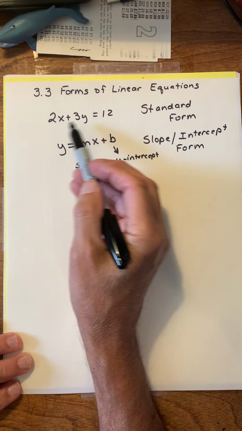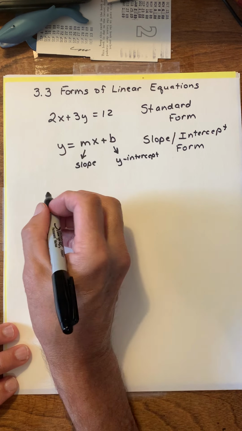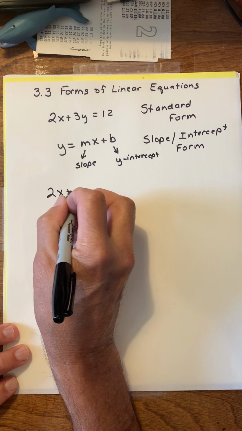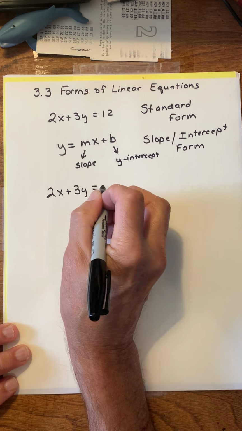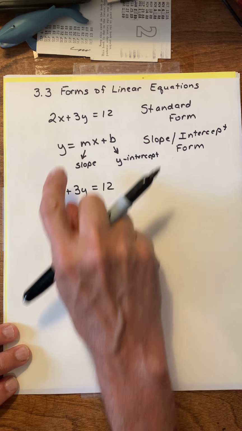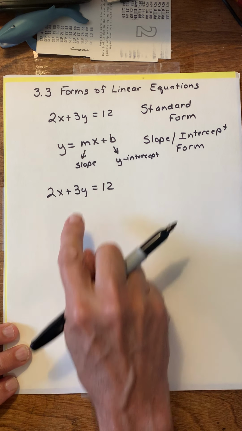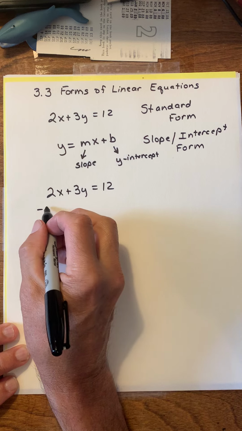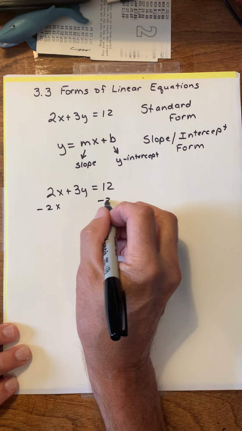And you can take any line in standard form and find its slope and y-intercept simply by solving it for y. So let's solve this guy for y. That means get y by itself.